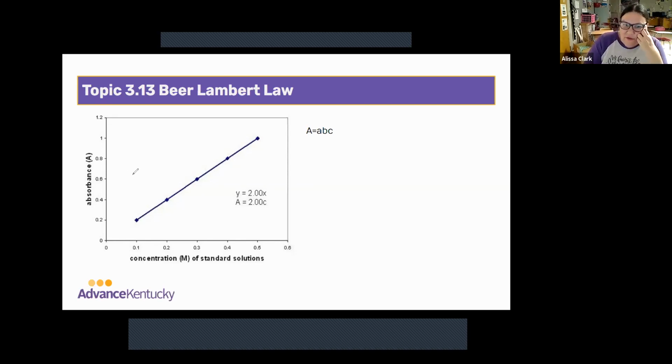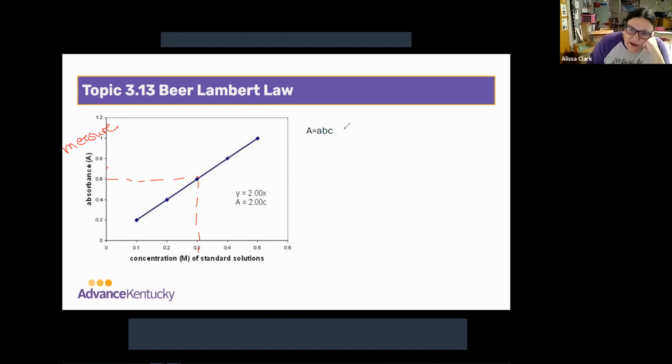So we have this direct proportional relationship, and this allows us to measure the absorbance of an unknown solution and then say, okay, if it was, let's say 0.6, I can use some ACT skills there and say the concentration of that solution is 0.3 molar. Because molarity is not something that we have an instrument to measure. We have to measure a different property and then convert it.